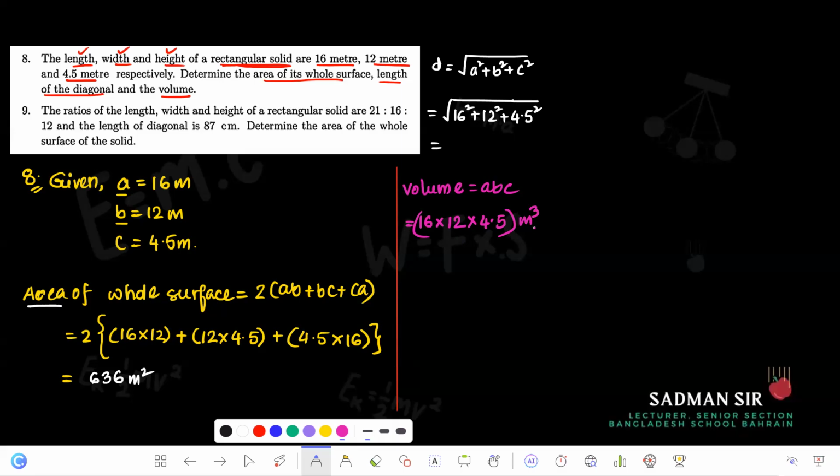Here the unit will be meter cube. So find out this answer. Diagonal is 20.5. Volume is 864.